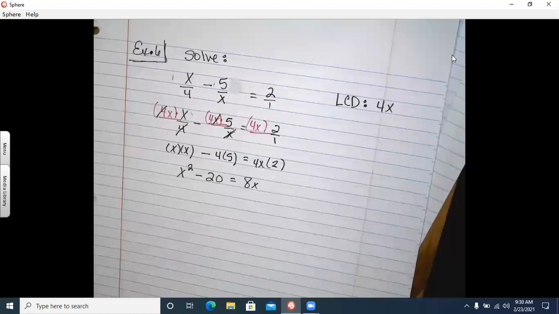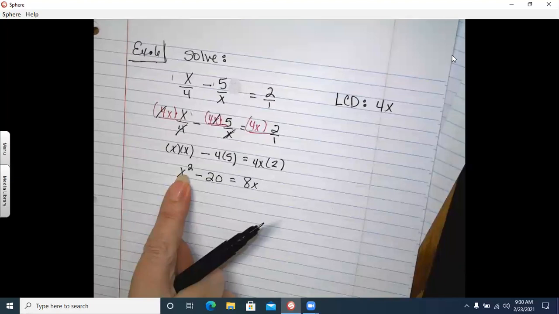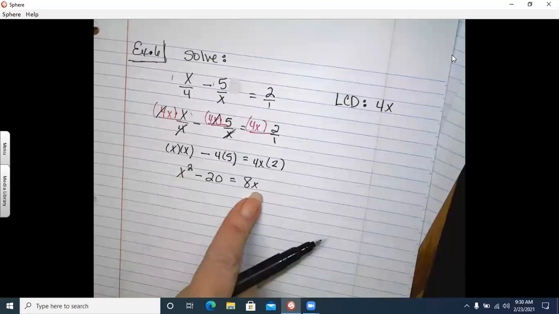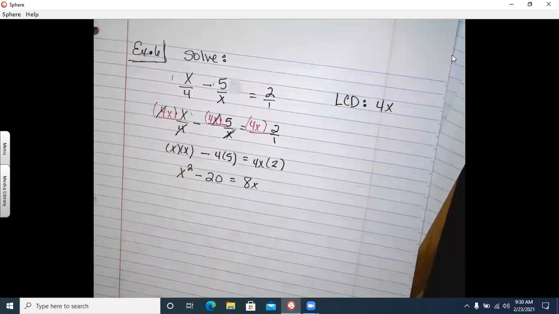Can I just solve for x by moving everything to one side, or is it going to be more complicated? More complicated, because you have a quadratic term and a linear term. If you're missing either one of those, we could easily just solve for x. But if you have them both, you've got a quadratic that you're going to have to solve by factoring, the quadratic formula, or completing the square. So I need to get that 8x over to the left. How will I do that?